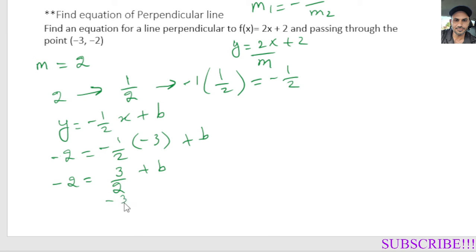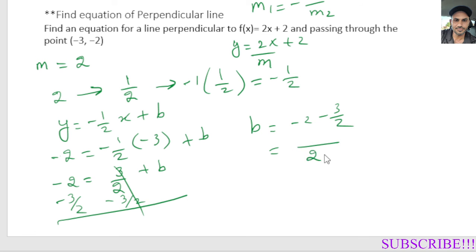And then we subtract 3/2 from both sides. So you're left with b equals negative 2 minus 3/2. We simplify this, 2 is our common denominator, so this becomes negative 4 minus 3. So b equals negative 7 over 2.